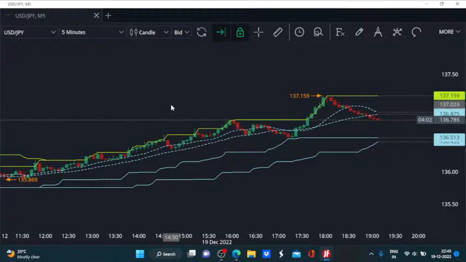AUD is going sideways with a slightly bearish bias, but in the case of the JPY, the bearishness is pushing it lower and lower, and as a result USD JPY is climbing up and up. So with this in mind, now we have the full spectral analysis in place, with the JPY being the most bearish and the CHF being the most bullish against the dollar.